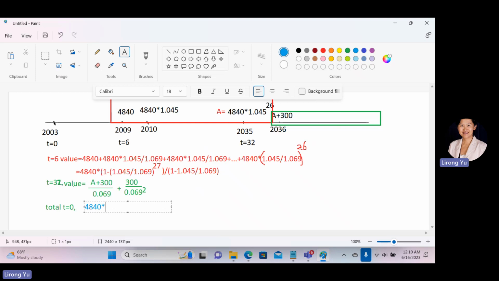The first one will be 4840 times 1 minus 1.045 over 1.069, this factor raised to the power of 27.